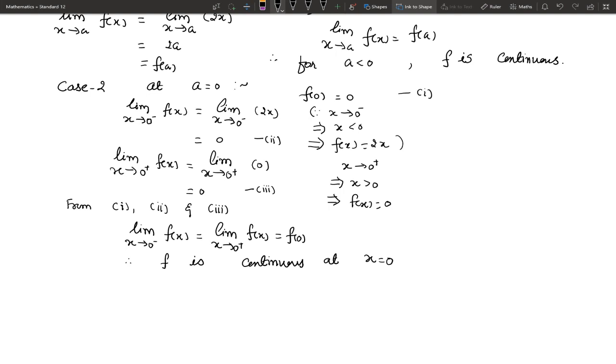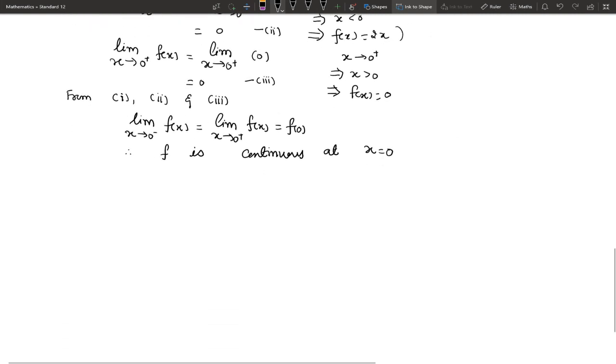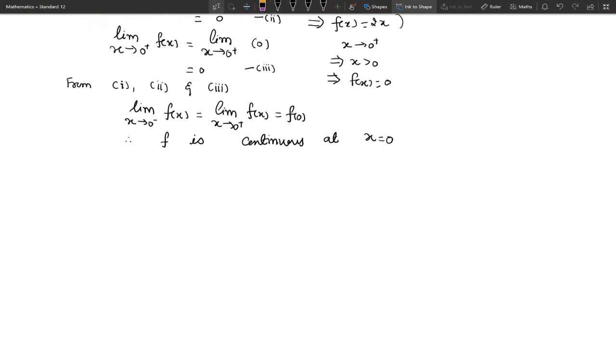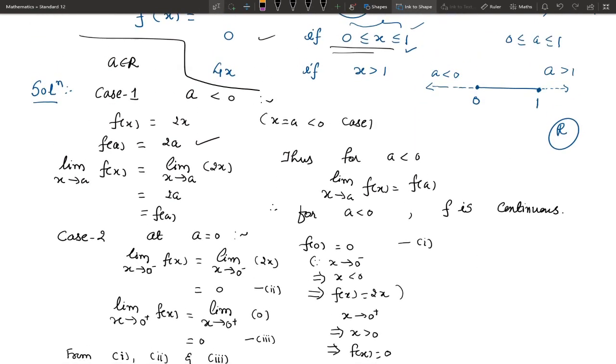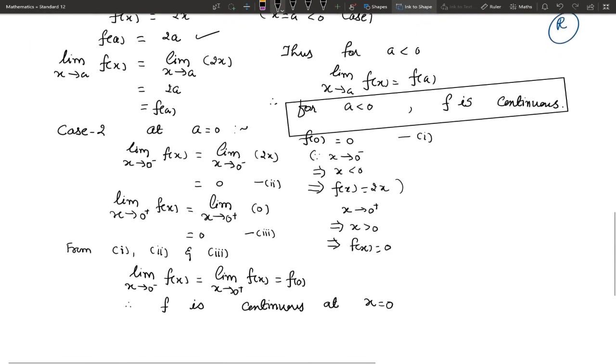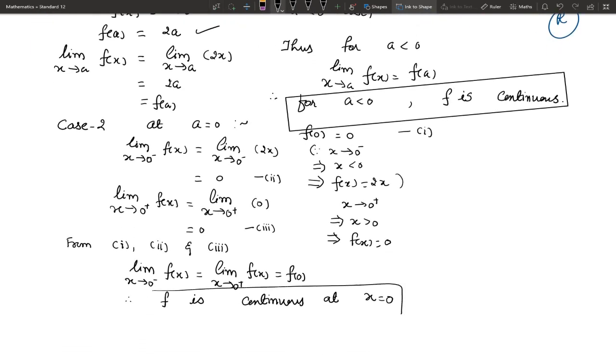Again, note that in case 1, f is continuous for a less than 0, and it is continuous at x equal to 0.